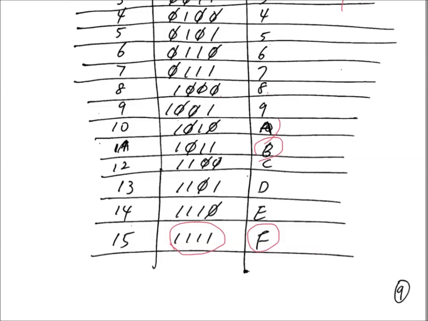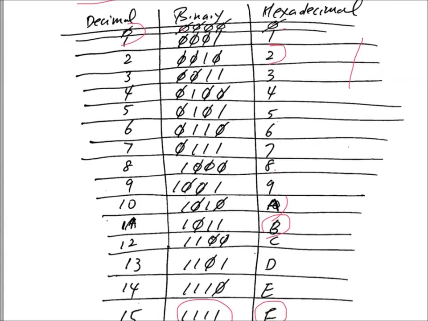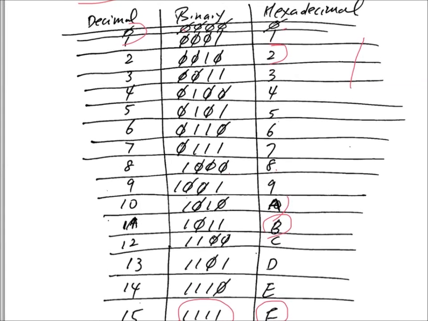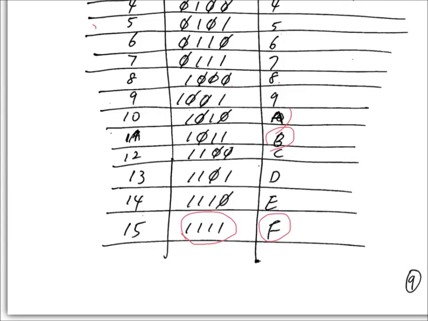So as you can see over here, 4 bits can represent numerical values 0 all the way up to 15.